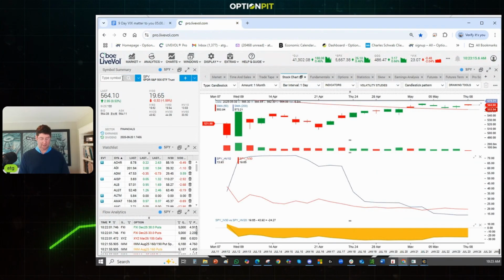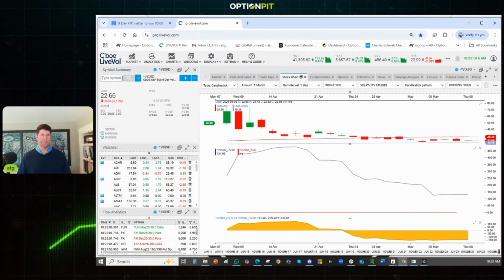Let's go to 9-day here. As long as this number, VIX 9-day here, continues to drop or stay low relative to VIX, I want to lean a little long. So today, actually, this is probably one of the first days of the week that this number is starting to relax a little bit.